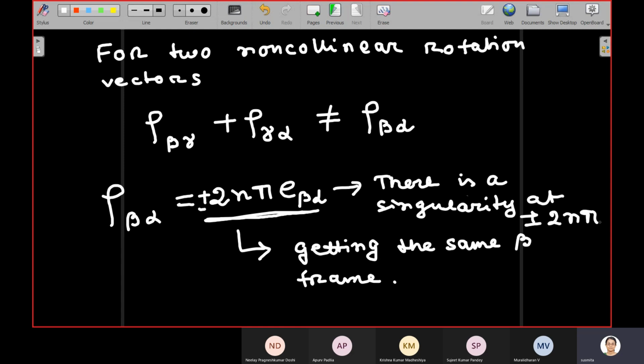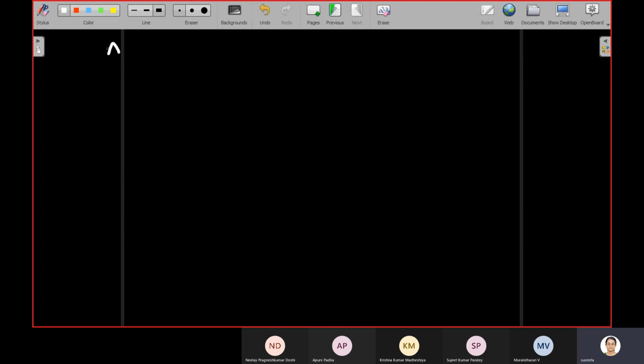Okay. Now, like Euler angles and coordinate transformation matrix, the rotation vector also has its time derivative, but we will not go into that in this class. Okay, and the differential equations are non-linear. So quickly I will write the advantages and disadvantages.